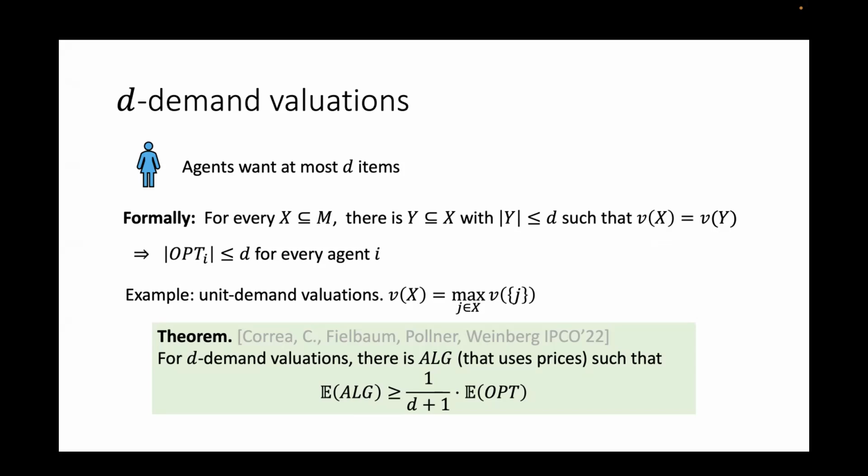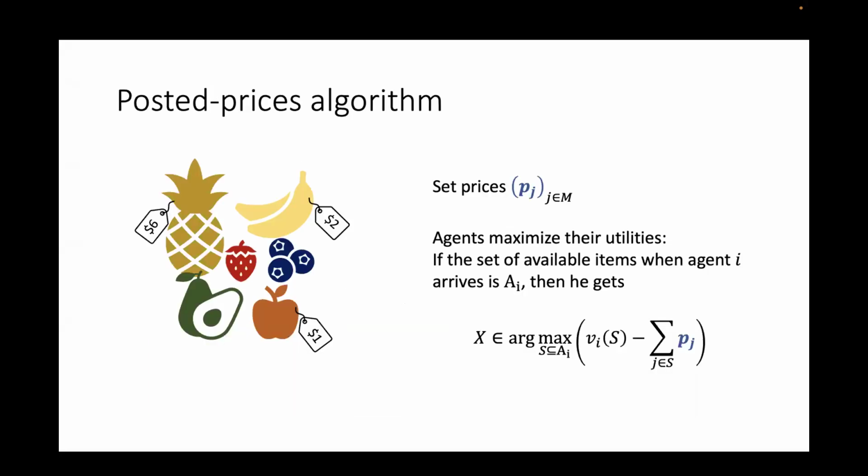All right, how do we use the balanced prices idea here? I will set the price for each item, exactly using the same idea. An agent will come, and the agent will maximize the utility. Take the bundle among the available items that maximizes the utility, where the utility is the value for the set minus the sum of the prices.